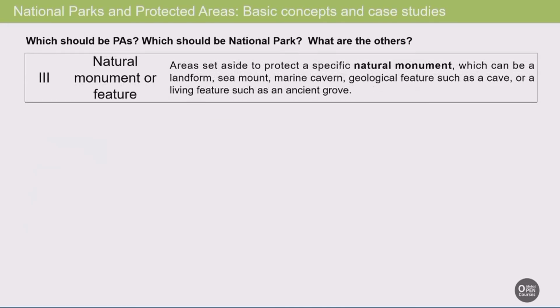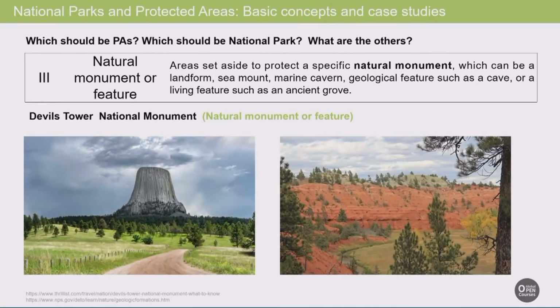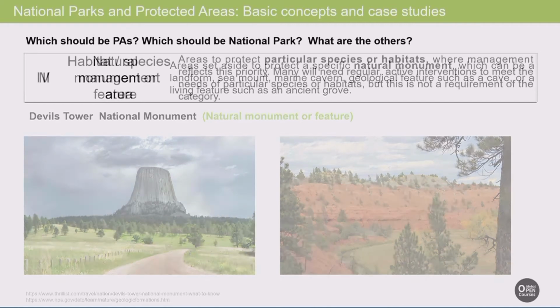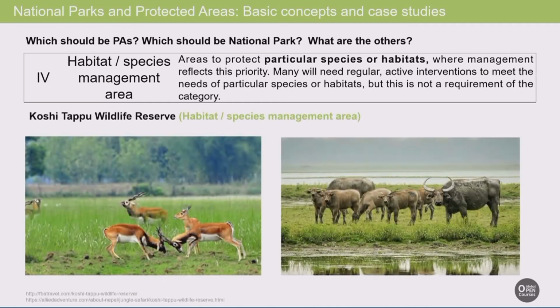And category 3 is natural monument or feature. It does not necessarily protect high biodiversity areas, but could protect a specific natural monument. For example, this mountain is like a tower, and we just want to protect this kind of natural monument or feature. Then category 4 is the habitat or species management area, which emphasizes the protection of particular species or habitats.